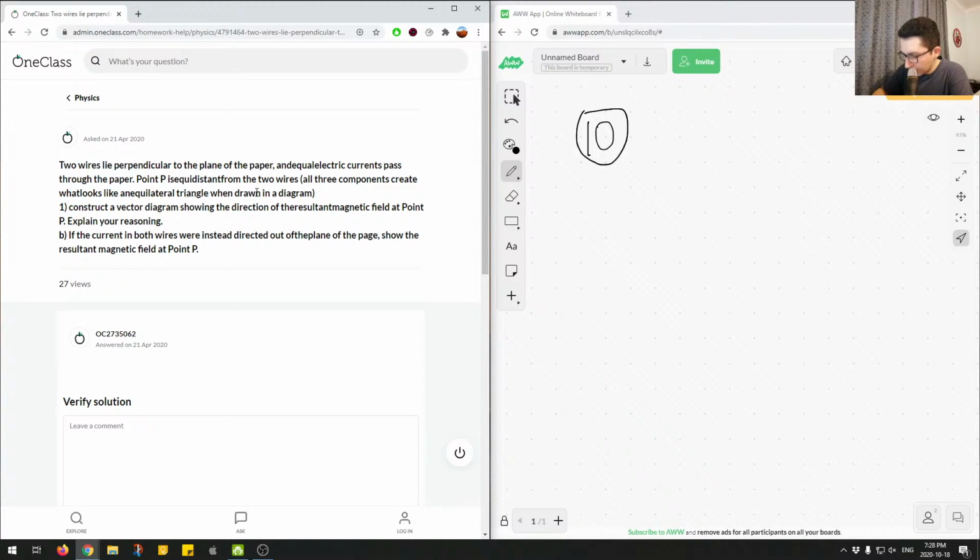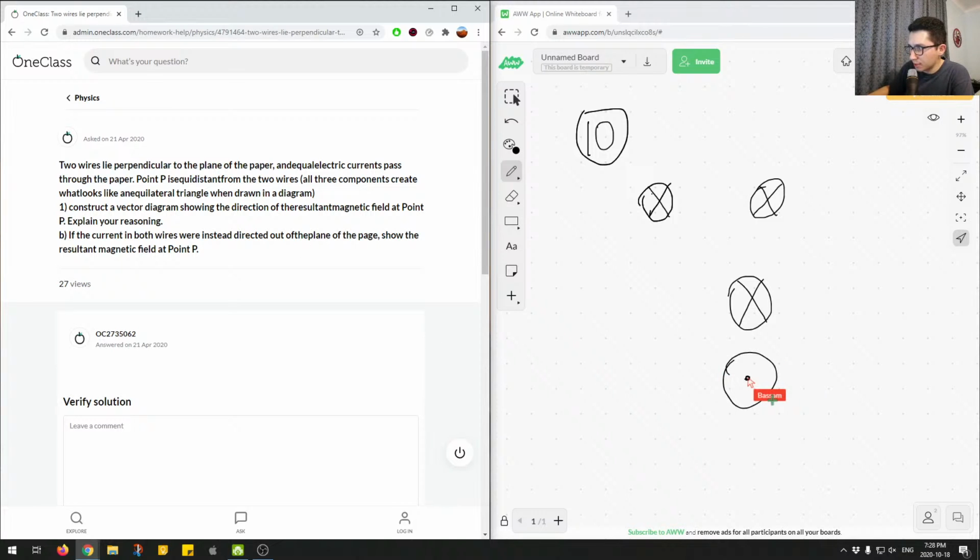So they look something like, let's say we had one wire, or we'll say X, that means the wire is going into the page, and then we have another wire that is also going into the page. There are two formats to represent into the page and out of the page. Into the page is like this, out of the page is like this.